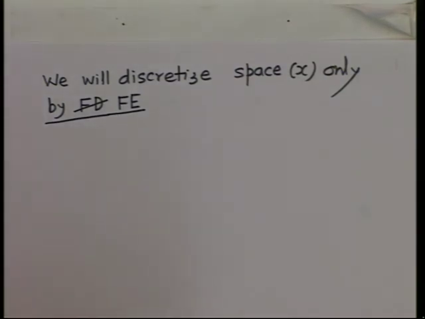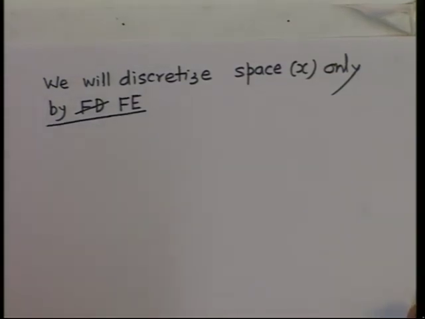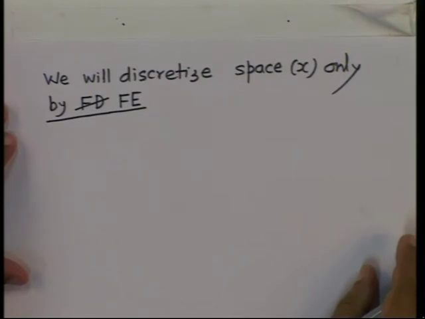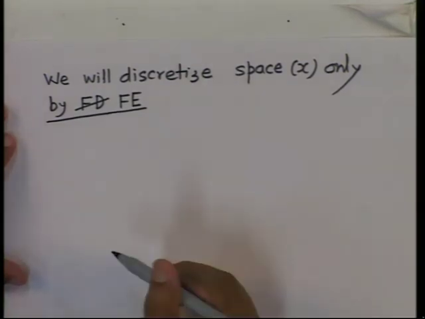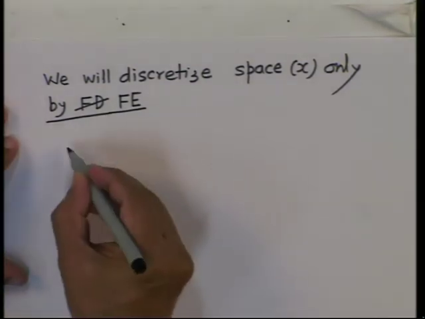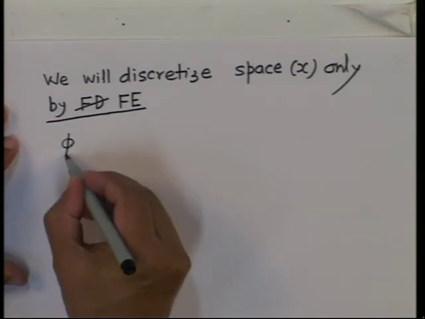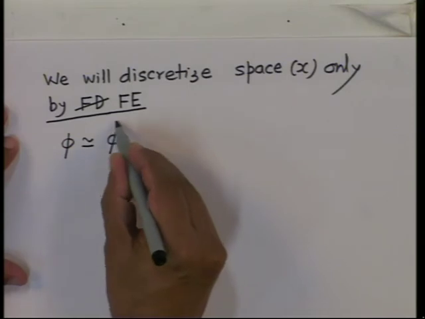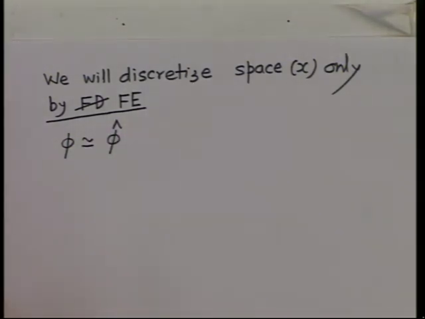How will we do it? In all these weighted residual methods, we first say that phi is approximated by phi hat.